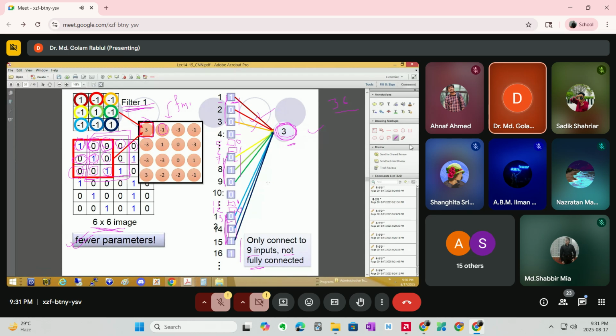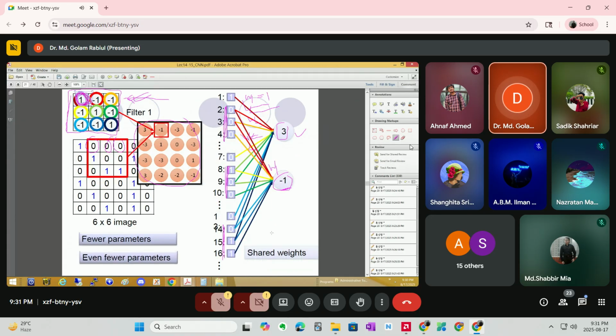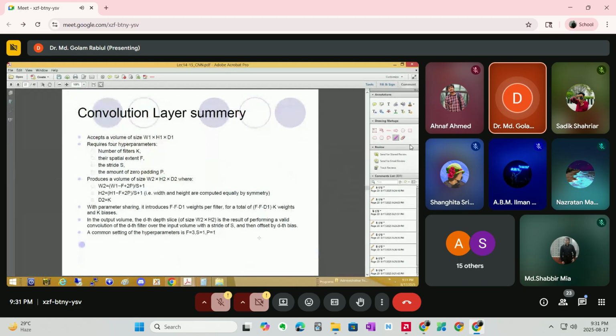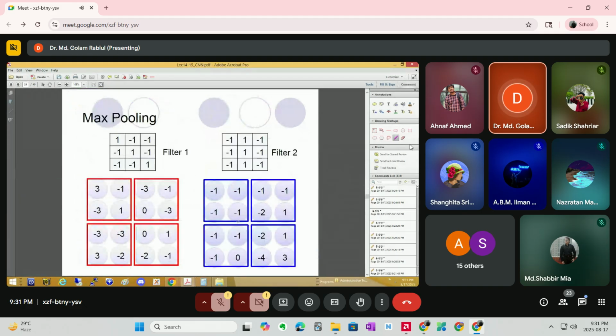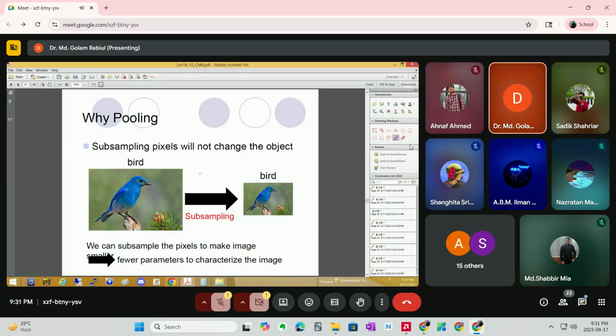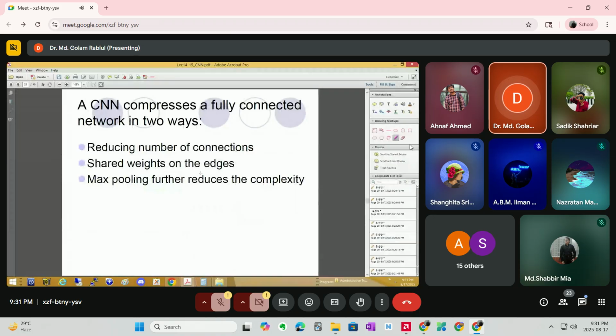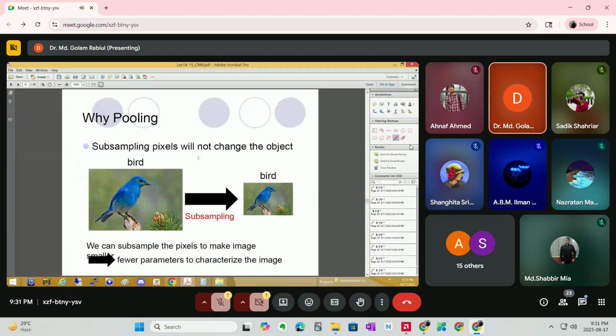So that means we are using fewer connections, we are sharing the weights also in convolutional neural networks, and the last one is the pooling operation or subsampling operation we are performing. Subsampling also reduces the number of weights.